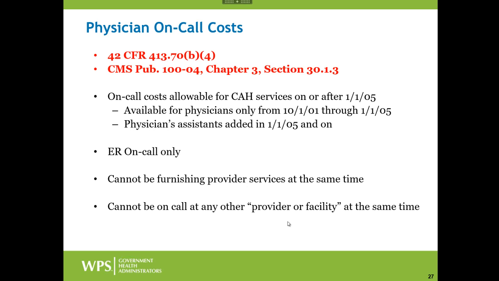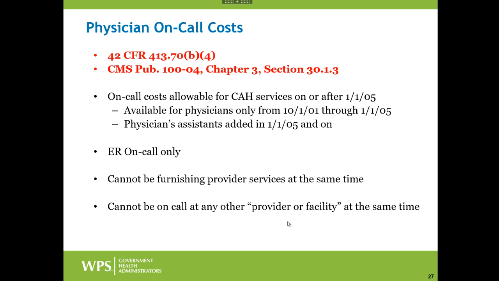These on-call costs are allowable for critical access services on or after January 1st of 2005. They're actually available for physicians even before that, from 10/1/01 and forward, but the physician's assistants were added a little bit later, January 1st of 2005 and on. Obviously at this point we're well past either of those dates, but historically those were the requirements.